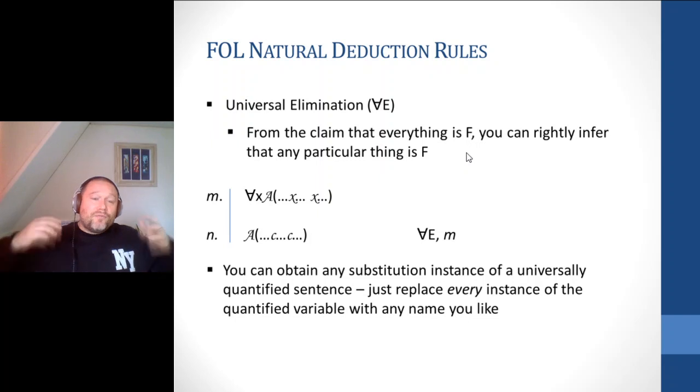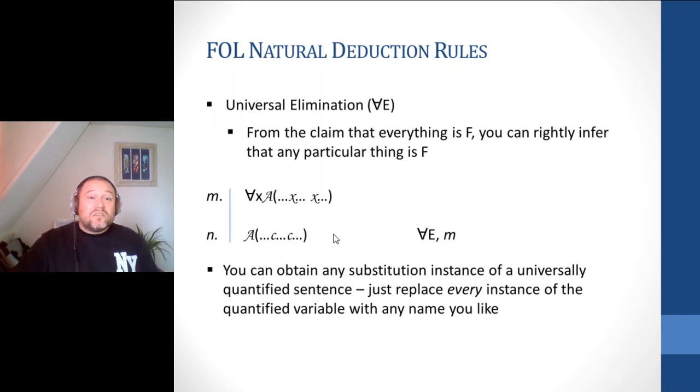It's that, look, if we know that everything is F, you can then rightly infer that any particular thing you like is F. So in slightly more formal terms, if you have a sentence of this form that has a universal quantifier as its main operator, you can replace any of the relevant bound variables with whatever name you like, and you'll still get a sentence that's true. Note, importantly here, you have to replace every occurrence of the relevant bound variable with the same name.